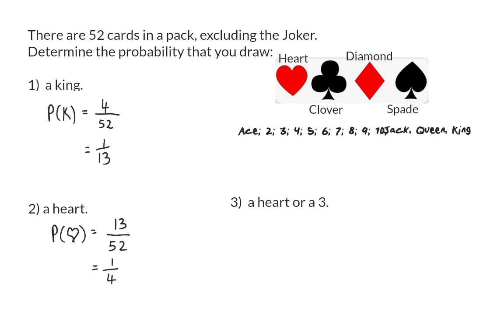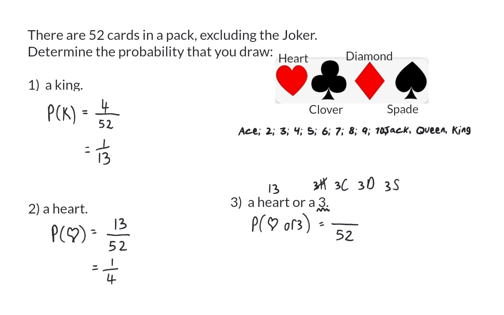Question 3. Determine the probability that you will draw a heart or a 3. To determine this probability, we are still going to work with all 52 cards. We can remove one of the 13 hearts or any card with a 3 on. That means we have the 3 of hearts or the 3 of clovers, the 3 of diamonds, or the 3 of spades.